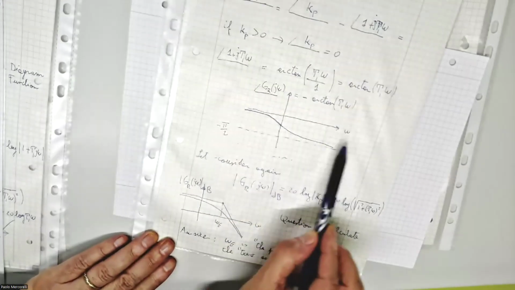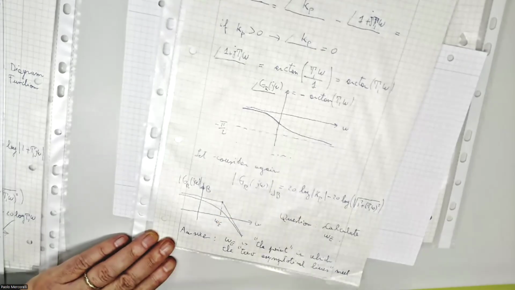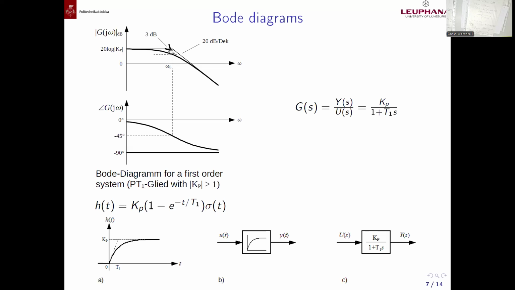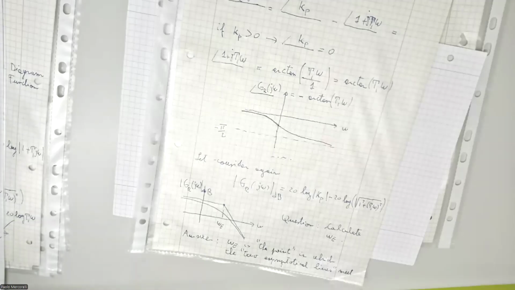If you move toward infinity, it's not exactly in the middle. Omega e is quite important. It's the point in which the two asymptotical approximations meet. Okay, I think for our program is enough.